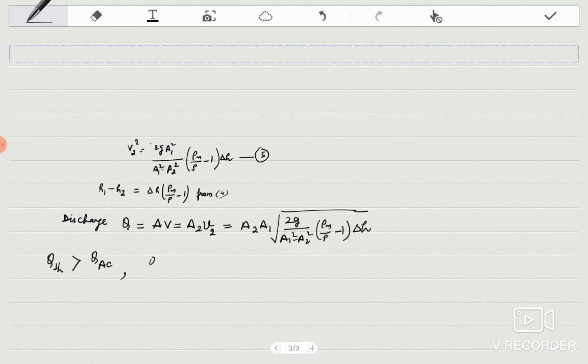So the ratio of the two, Q actual upon Q theoretical, is called coefficient of discharge. And therefore to find Q actual, you multiply this coefficient of discharge by Q theoretical.